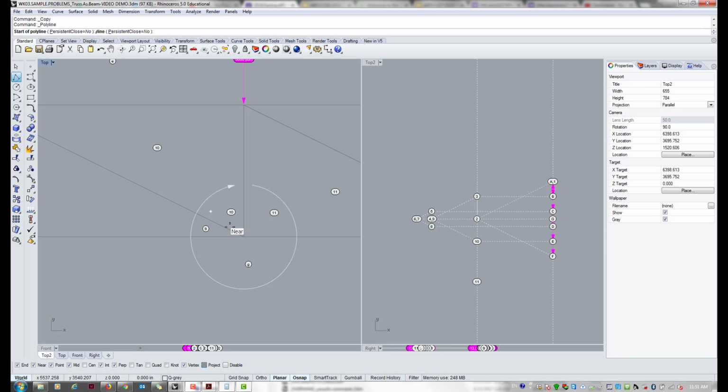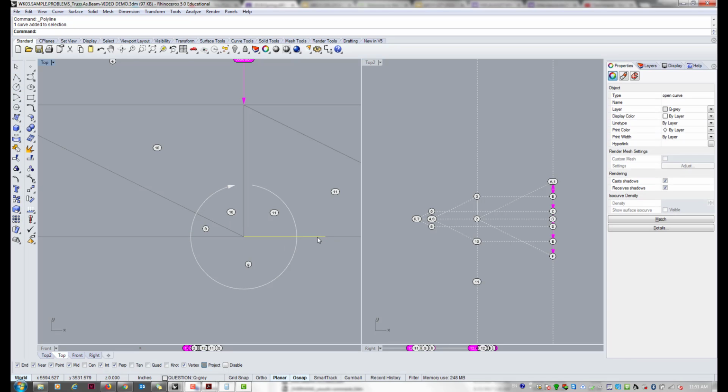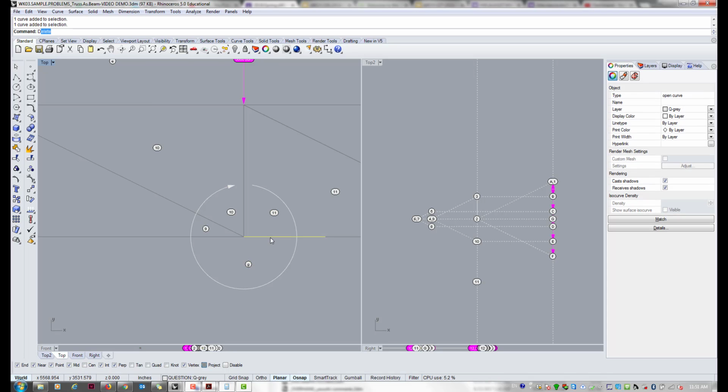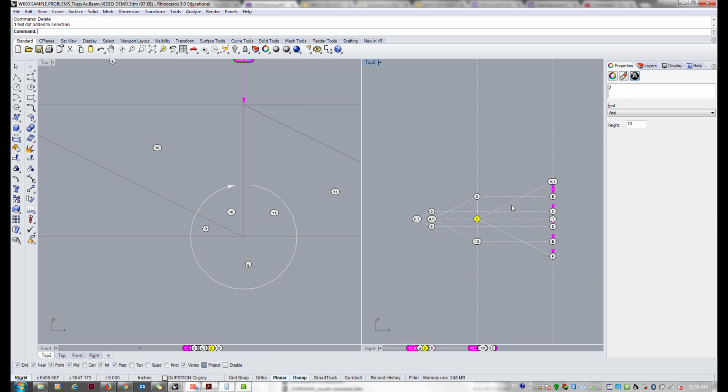But we also know 11G is a horizontal force starting from 11 ending at G. So 11 must be at the intersection of these two lines, which means 11 is identical to point 2.